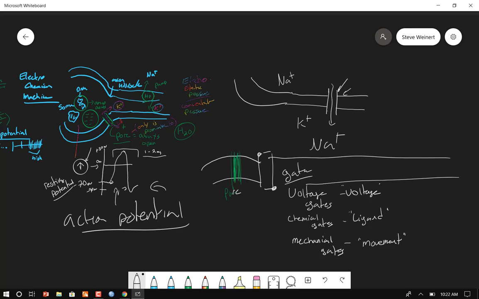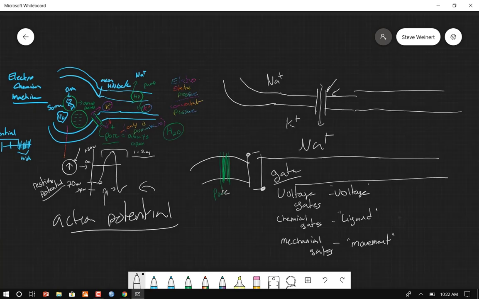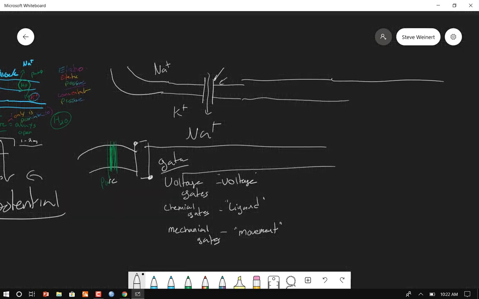Sodium flows in. So I'm going to keep drawing this neuron out as we go here. My neuron is now into the axon. So concentration gradient-wise, which way is the sodium going to flow? If I dump a bunch of sodium in here, which way are they going to go? They're going to go away from the potassium since they're positively charged.